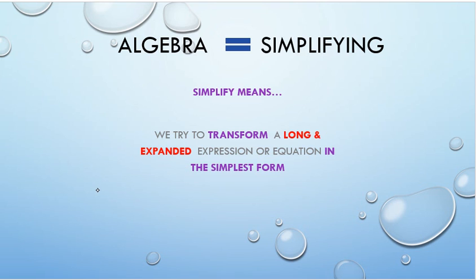So for example, if I have something like 3x plus 9c plus 7x minus 3c plus 5, that's huge. I need somehow to make it as simple as possible. This process is called simplifying, because I'm simplifying the way this expression is written down. And there is a technique. We're going to discuss this technique later.